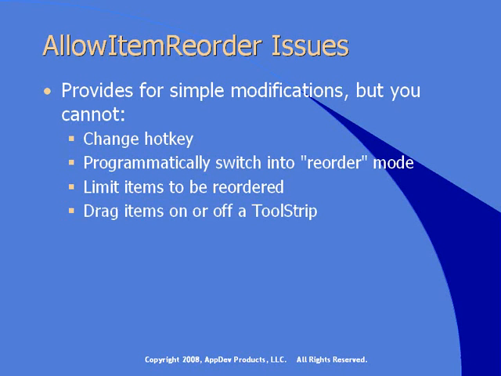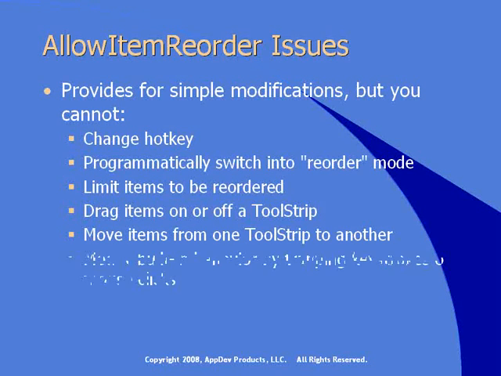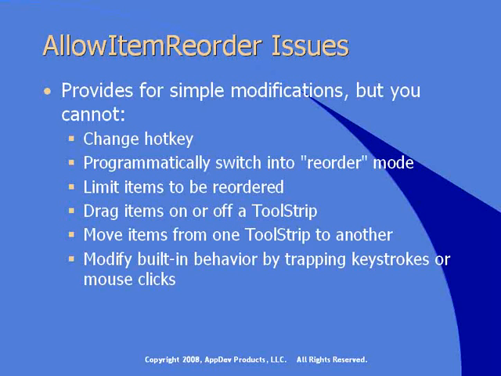You can't drag items on or off a tool strip. You can just move them around on the tool strip. You can't move items from one tool strip to another. And you can't modify the built-in behavior by trapping keystrokes or mouse clicks. In other words, allow item reorder works great if it does what you want it to do. Otherwise, you just have to write your own code to make it happen.